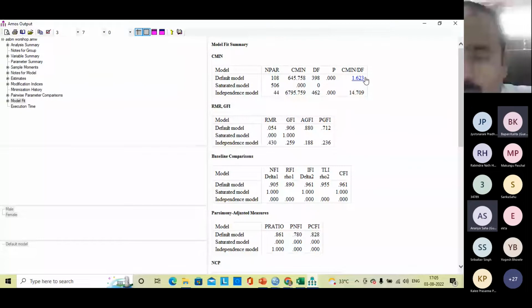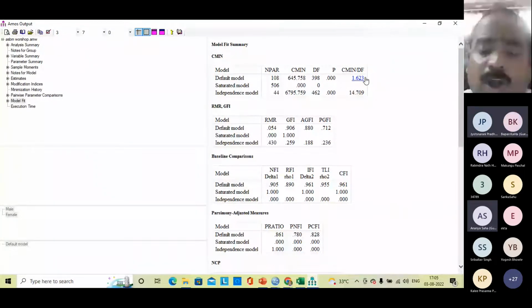Apart from all the other fit indices I just explained, I got CMIN divided by degrees of freedom less than 3. So again, it is substantiated that the model is fitting. I hope all of you are clear.